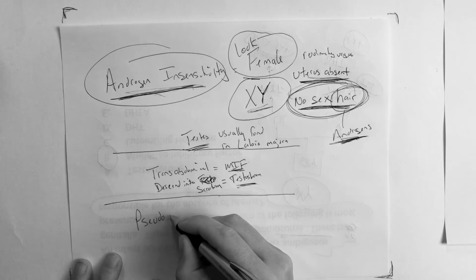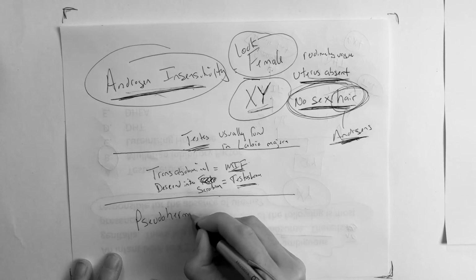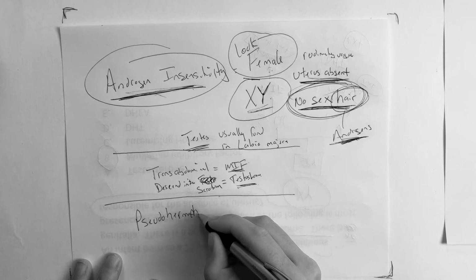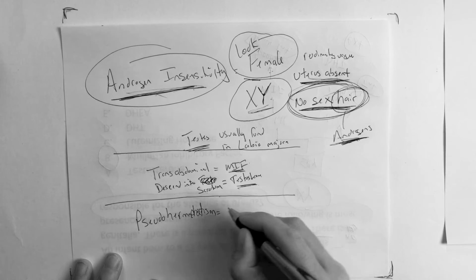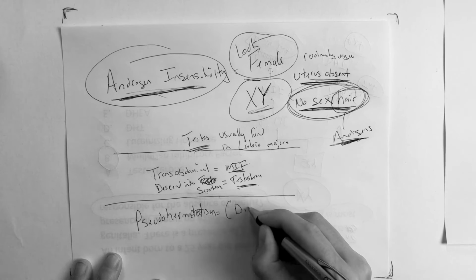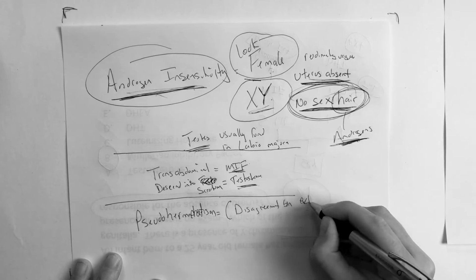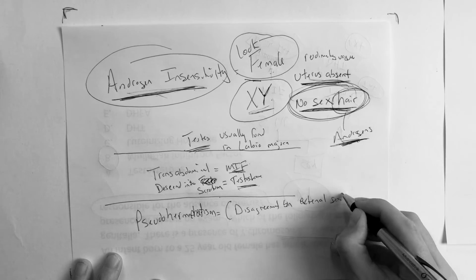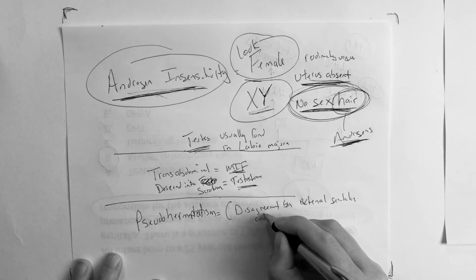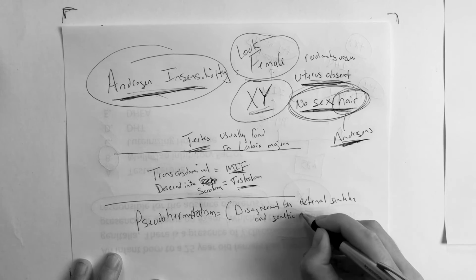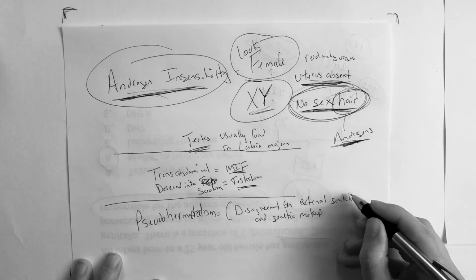pseudohermaphroditism. I can't spell that. And really, all that means is there's a disagreement between what you see, which is the external genitalia, and genetic makeup, okay?